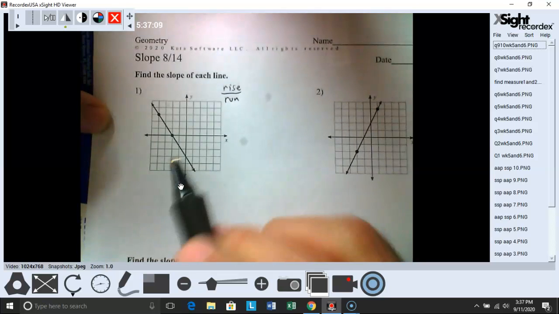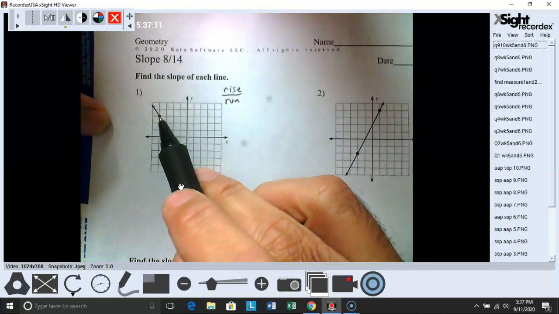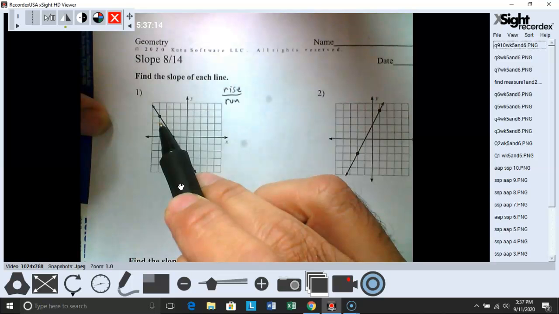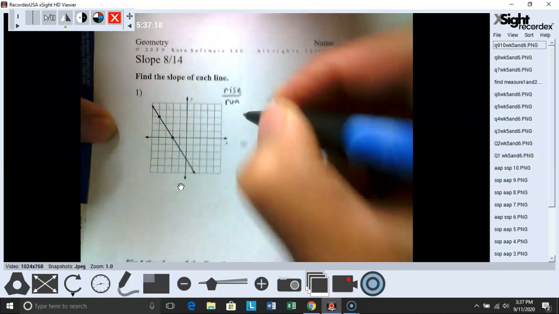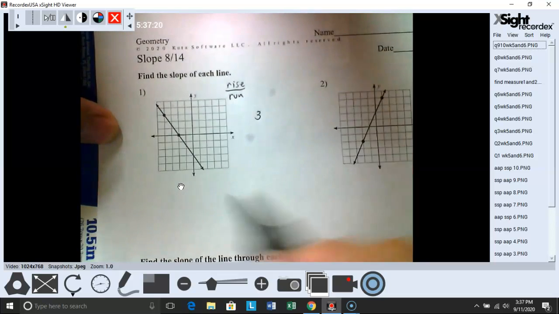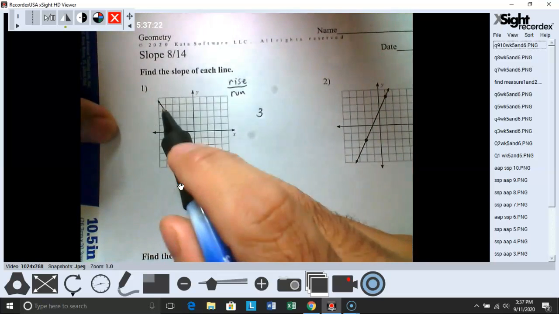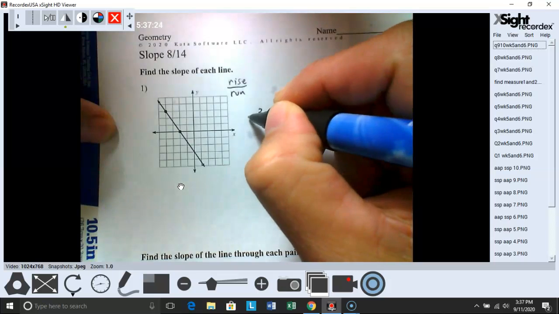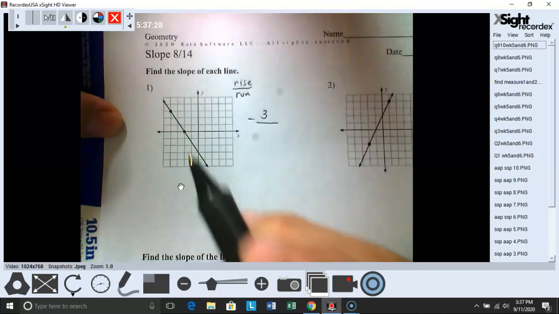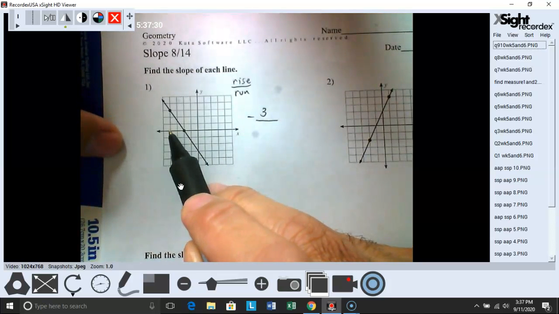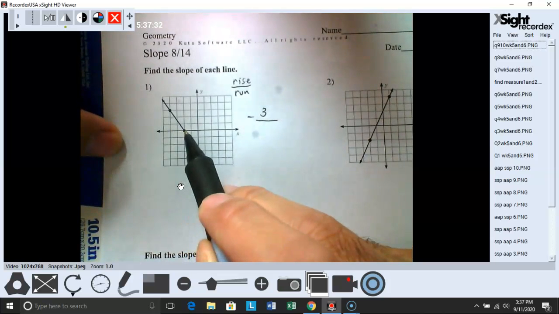by counting. So let's start. We start from here. Let's count 1, 2, and 3. So that's going to be 3. Since we went down right here, we're going to use a negative sign right there, all over. Then you go right, 1, 2.